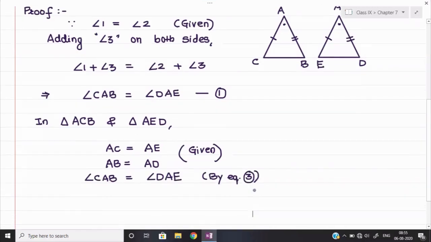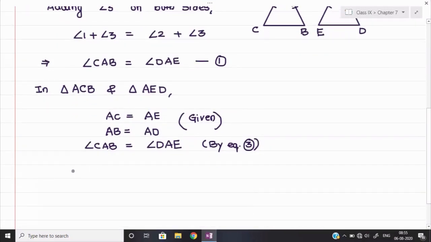Okay, now we can say that therefore triangle ACB is congruent to triangle AED, and this we can say by side angle side congruency theorem. Okay, and now as I have told you, the side angle side theorem we have applied and we have proved the two triangles are congruent.